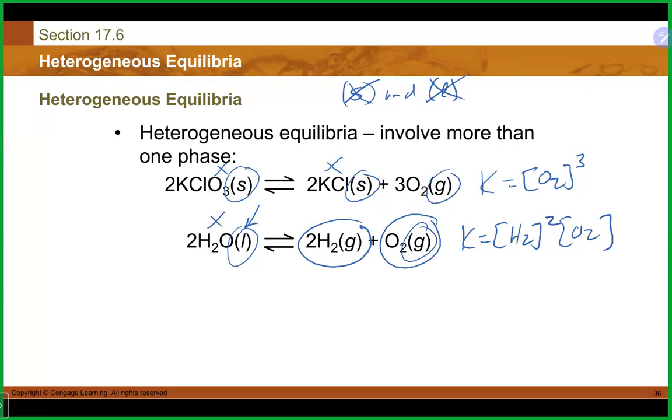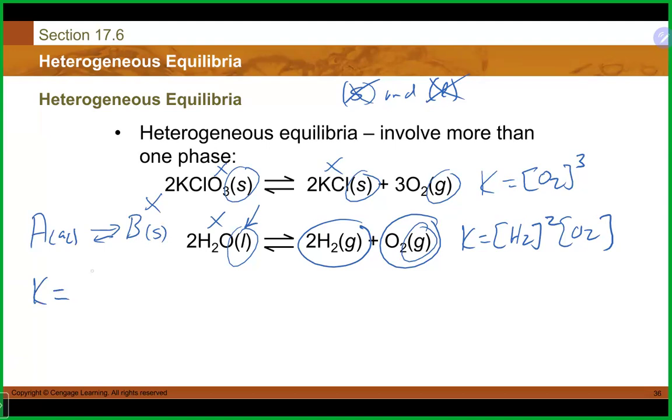And that sometimes happens. Sometimes it's just the products involved. Sometimes it's the products and the reactants involved in the expression. And it's possible to have just reactants involved. So hypothetically speaking, if you had something like A that's aqueous going to B that is a solid, if we were going to write the equilibrium constant on this, we would not include our products.